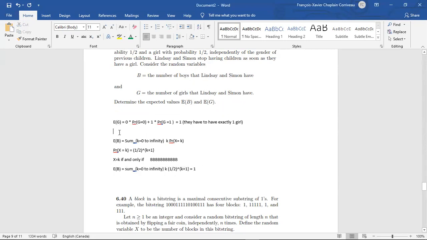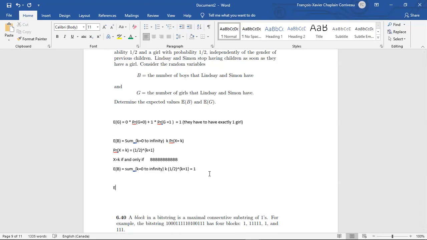So here, the expected number of children that you would have is 2. That follows a geometric distribution. Now, the expected number of children that you get is equal to the expected number of girls plus the expected number of boys. So another way to answer this question would have been to do the following.